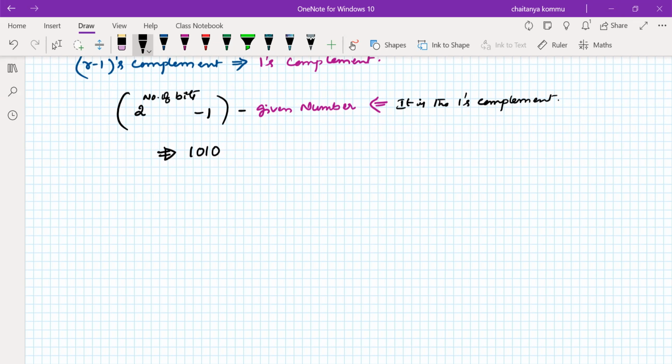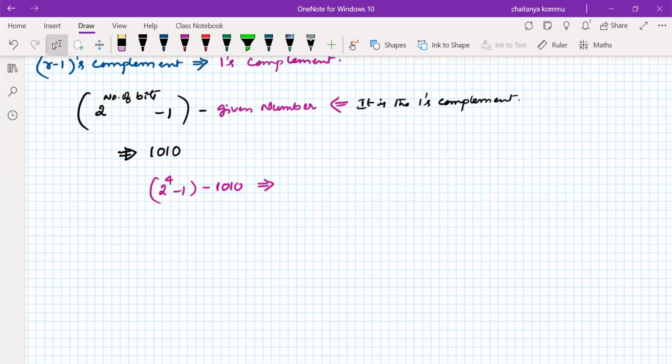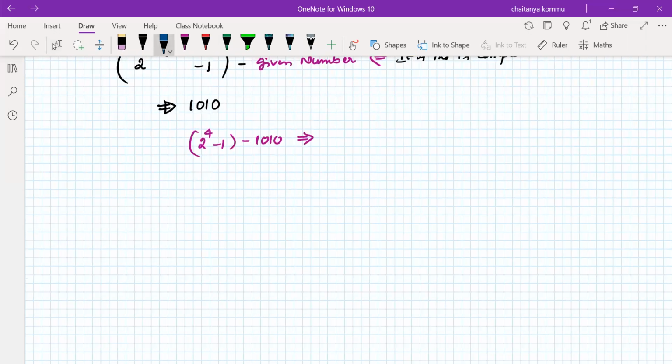Whether it is a positive or negative number, I don't want to consider it here, but actually complementations are best suited for negative numbers only. Whatever number they give, if they ask for its complement, how do we perform it? We consider 2 power 4, since 4 bits are there, minus 1, minus the given number 1010. 2 power 4 stands for a single one and 4 zeros.